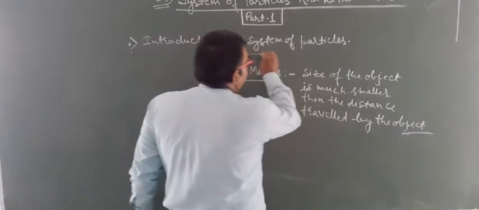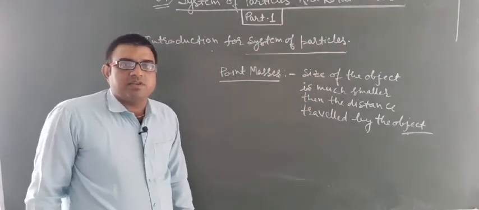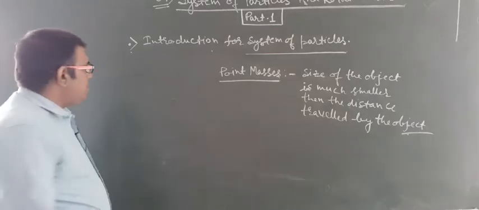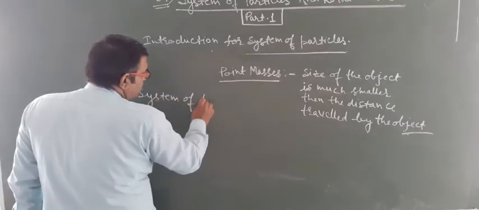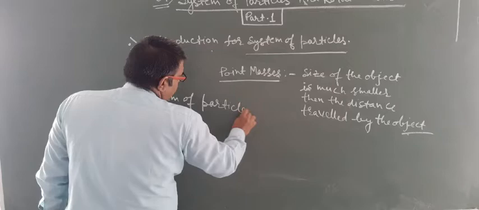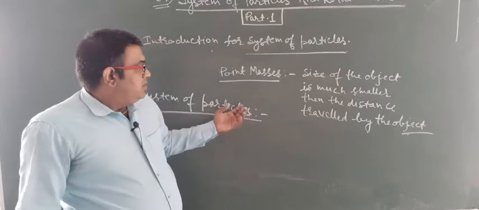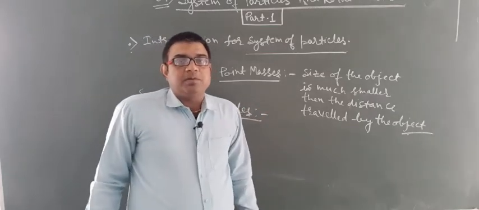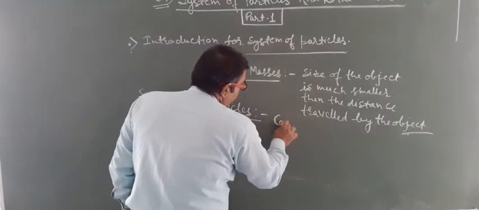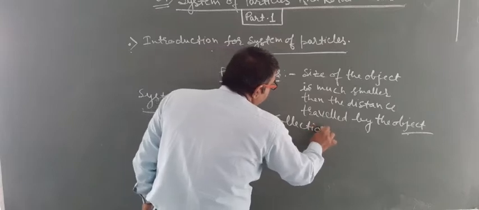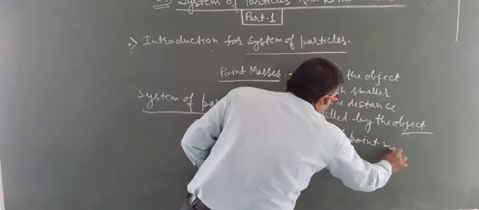Now, what is a system of particles and how are point masses related to it? A system of particles is a collection of point masses.